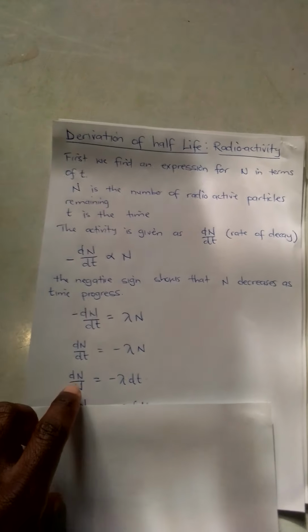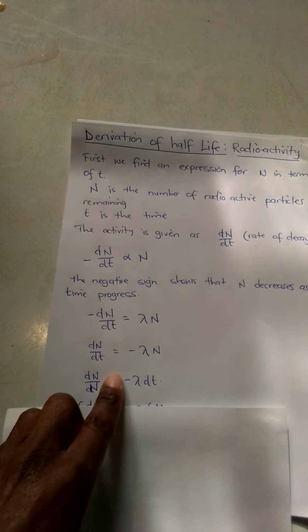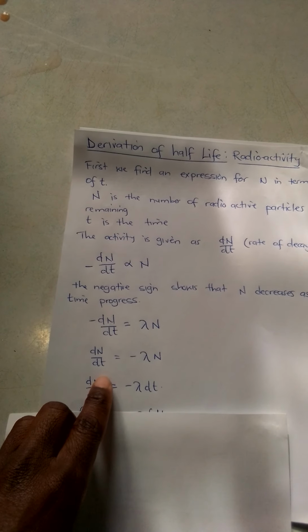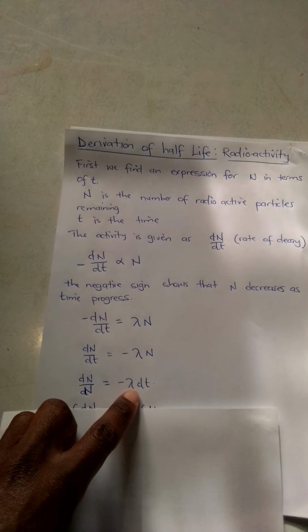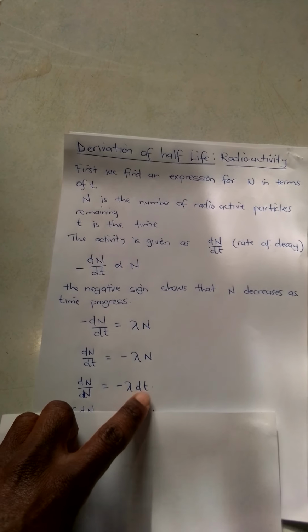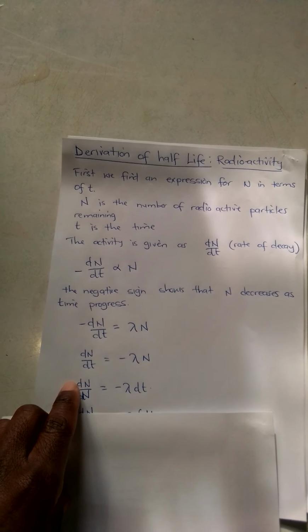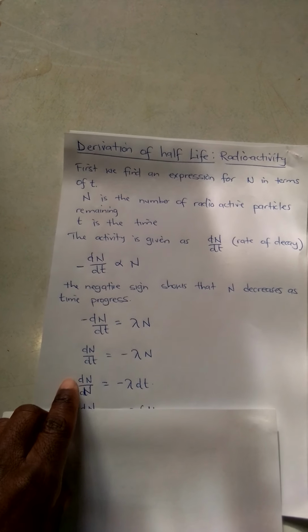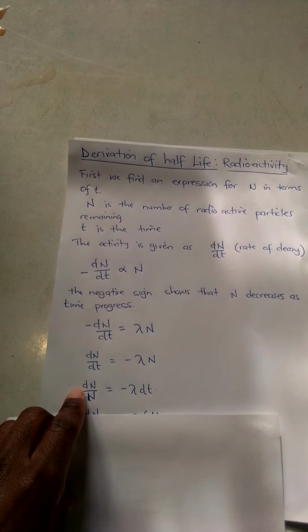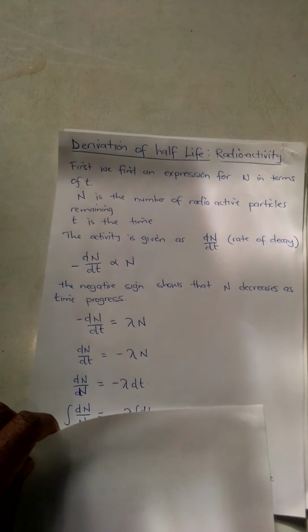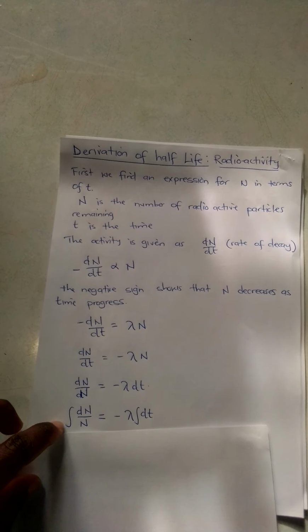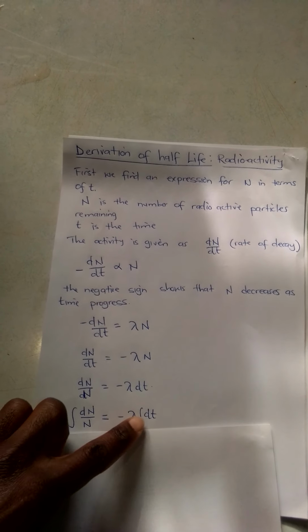So it's dN over N equals minus lambda dt. Then I integrate both sides: the integral of dN over N equals minus lambda times the integral of dt.